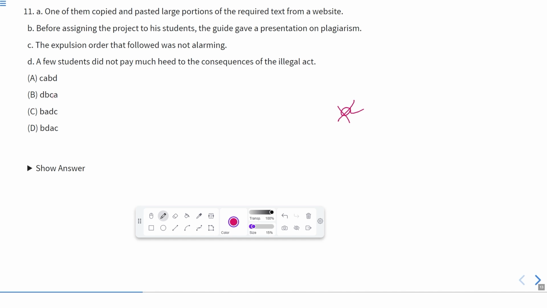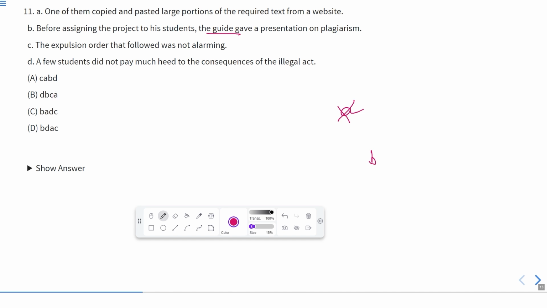Before assigning the project to his students, the guide gave a presentation on plagiarism. So we are talking about the guide. So here the sequence can begin with B. The expulsion order that followed was not alarming.